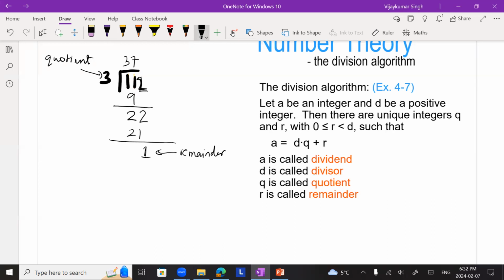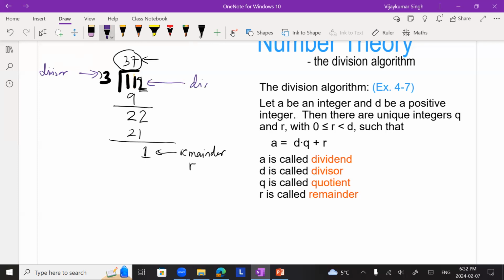So remainders will be denoted by the notation R. The quotient has notation Q. Sorry, not this, this is the divisor, my bad. So 3 is the divisor, the one you're dividing with.